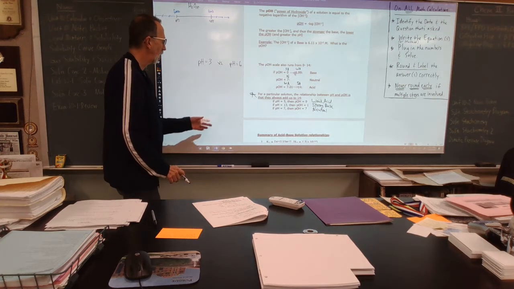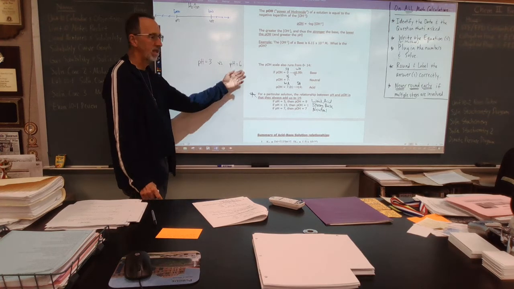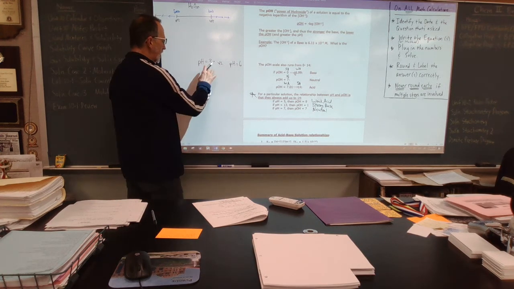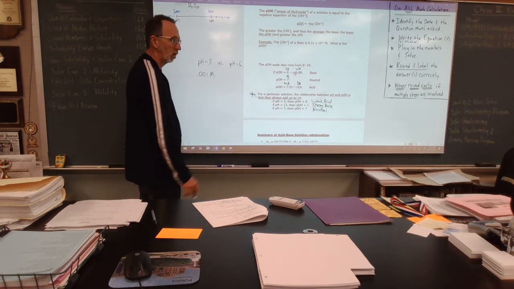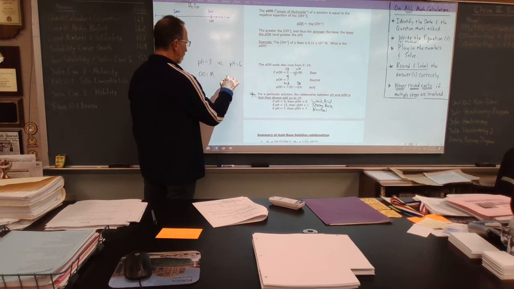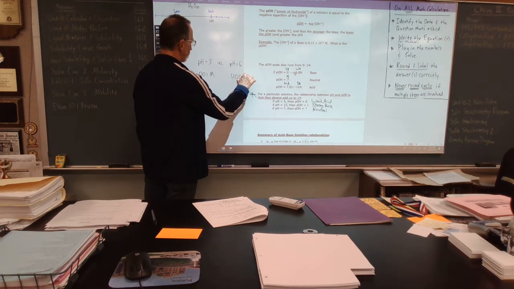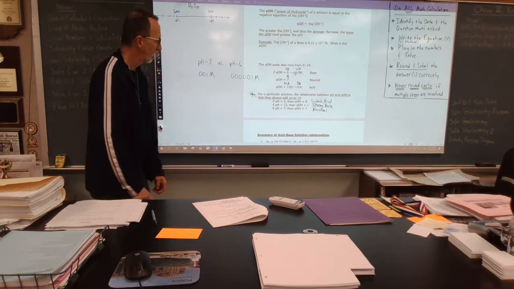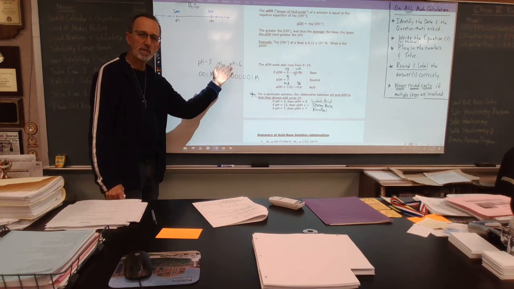You say, okay, well, this solution is obviously more acidic than this one, but how much more? Well, this one has a concentration of 0.001 molar. This one is 0.000001 molar. All right.